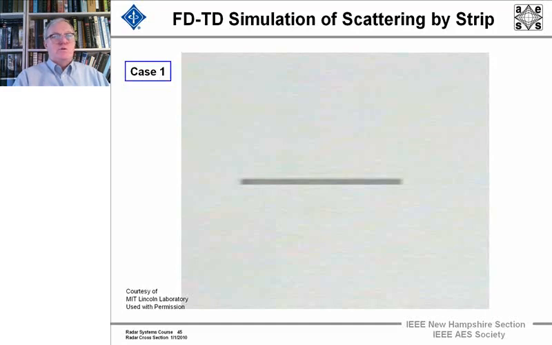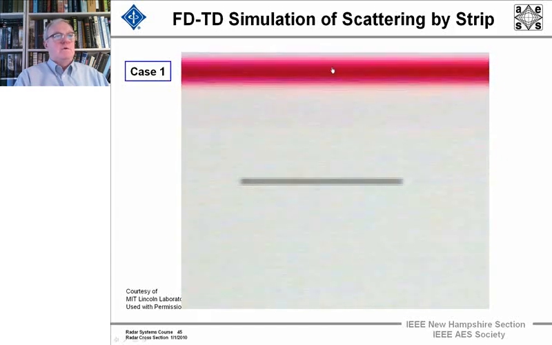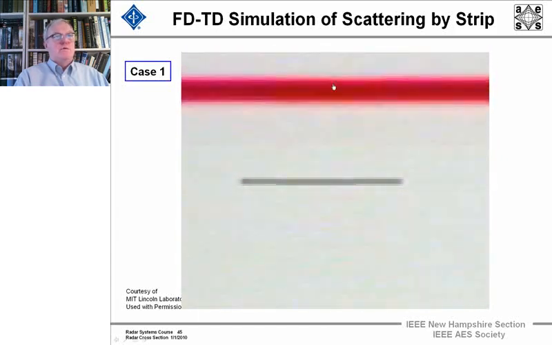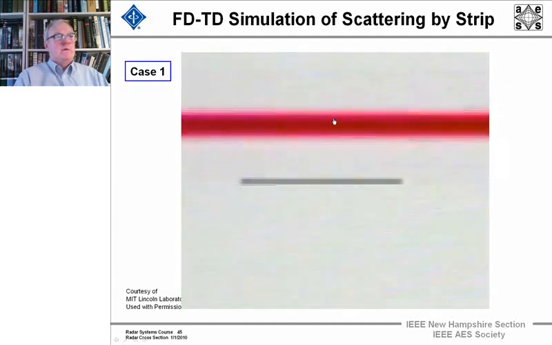Now I'm going to show you just one more time the simulation of the scattering by the strip. Again, this is a conducting plate. There'll be an electromagnetic wave, plane wave, red positive, blue negative amplitude that will come in.